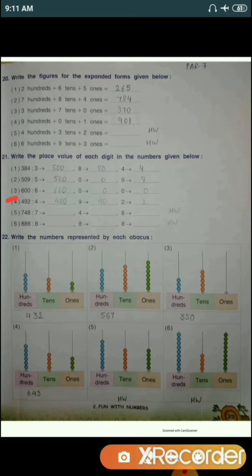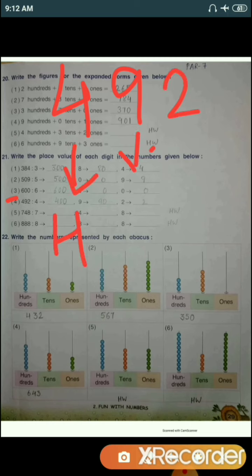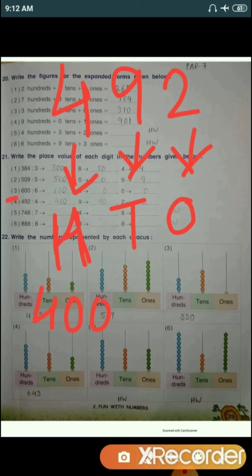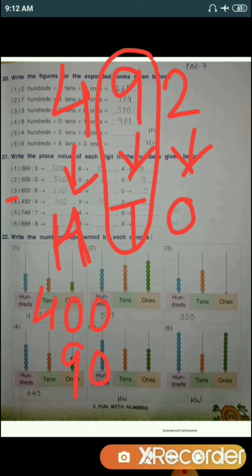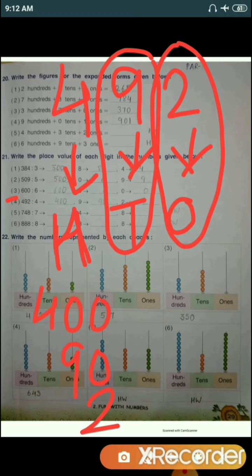Now question number 9. The number is 492. So 4 is on hundreds place, 9 is on tens place, and 2 is on ones place. So let's write its place value in number form. 4 is on hundreds place, that means the value of 4 is 400. 9 is on tens place, so value of 9 is 90, and 2 is on ones place, so value of 2 is 2.